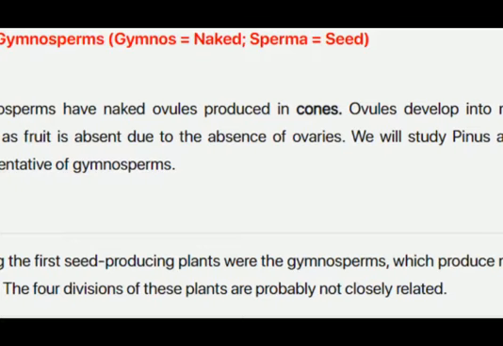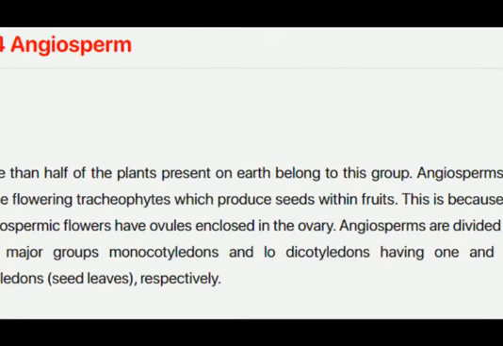Gymnosperm is the plant which has naked seeds in it. Means we can see with our eyes the seeds present in that type of plants, and those seeds are called cones. Whereas angiosperms have seeds in the fruits.